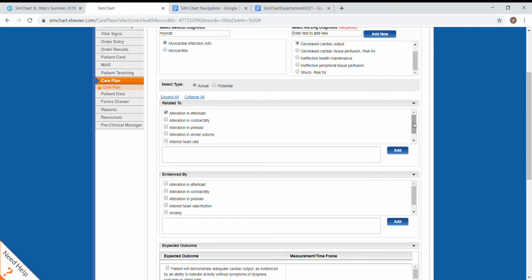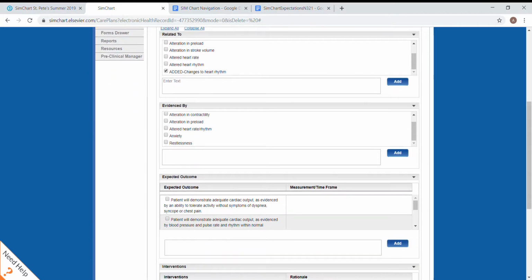You can also add your own, and I'm going to type changes to heart rhythm. I'm going to add that, which is kind of about the same thing. We could do altered heart rhythm here, but it's just an example of adding your own.